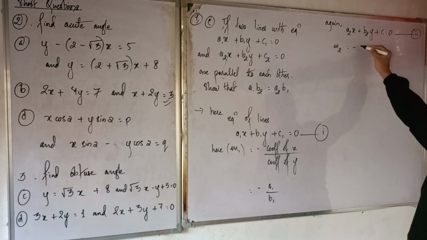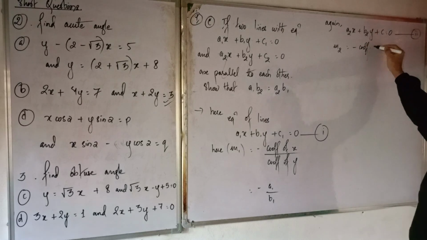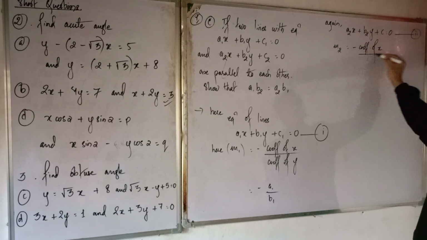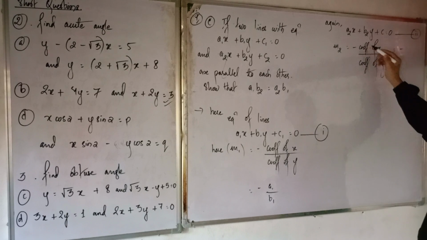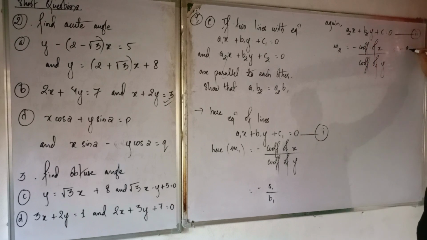The formula is the same: minus coefficient of x divided by coefficient of y, which is minus a2 divided by b2, since the coefficient of x is a2 and the coefficient of y is b2.